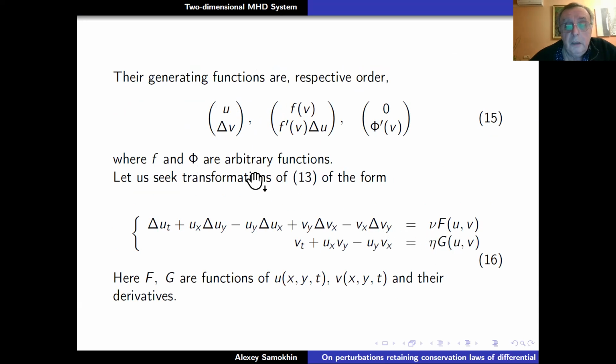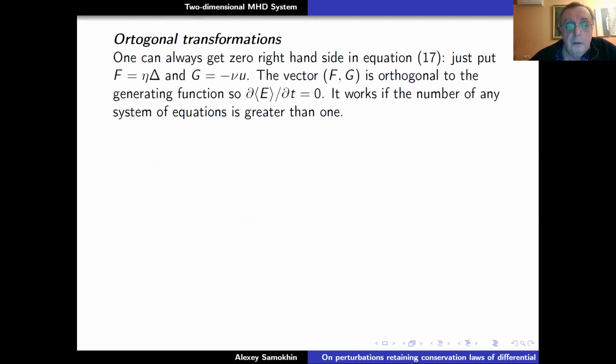If I take, how to produce the orthogonal vector to this, well, change places from the first to the second line and put one minus in one case.